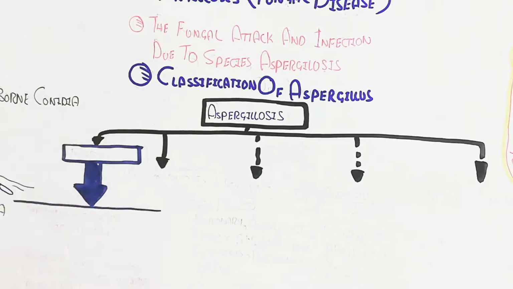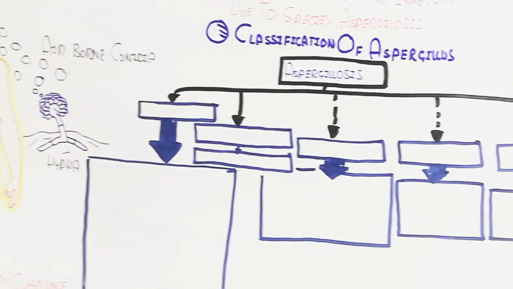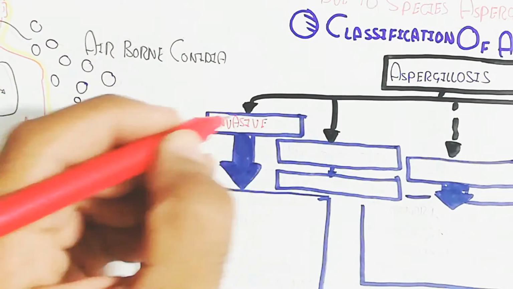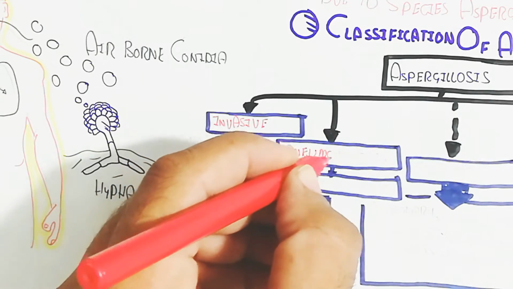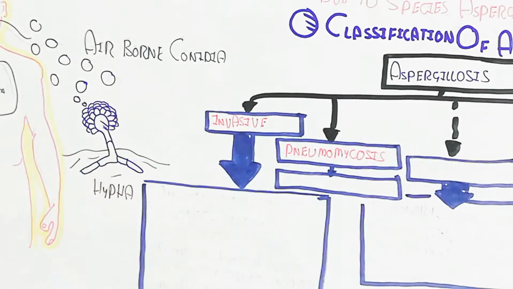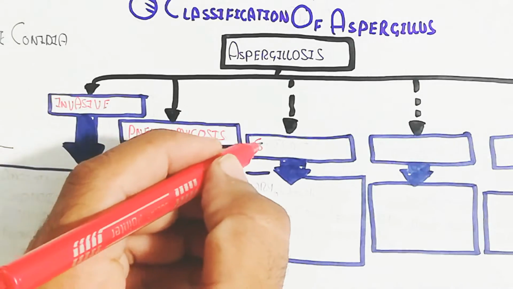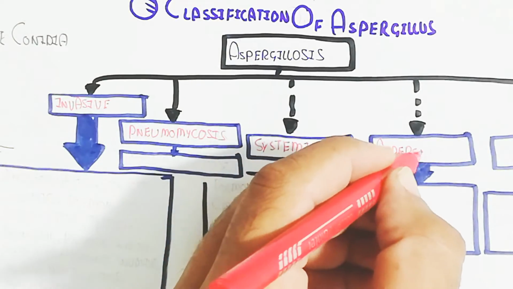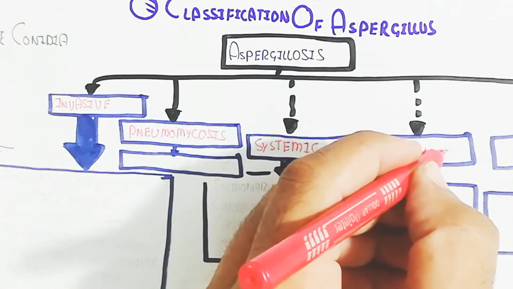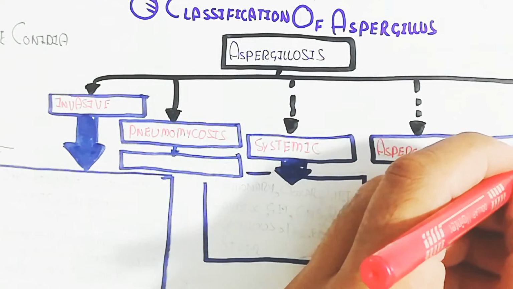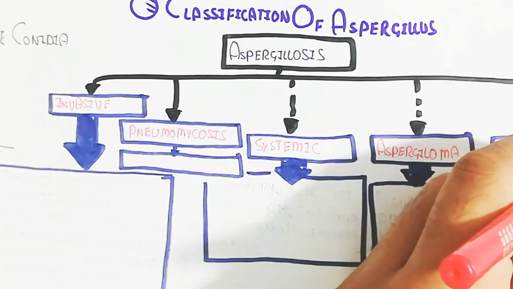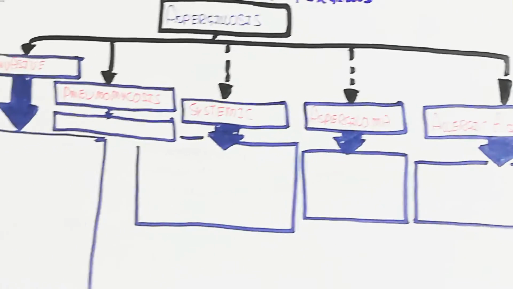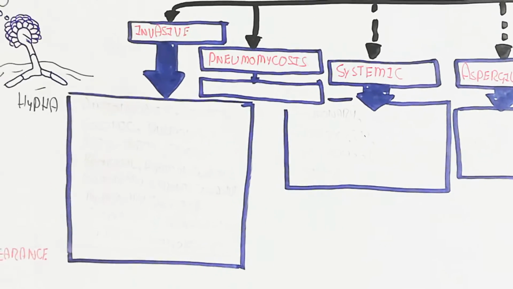The classification of aspergillosis includes invasive aspergillosis, angio-invasive sinusitis, pneumomycosis, systemic aspergillosis, aspergilloma, and allergic aspergillosis, which will activate the mast cell and cause an allergic reaction. All of this classification is through Aspergillus species.